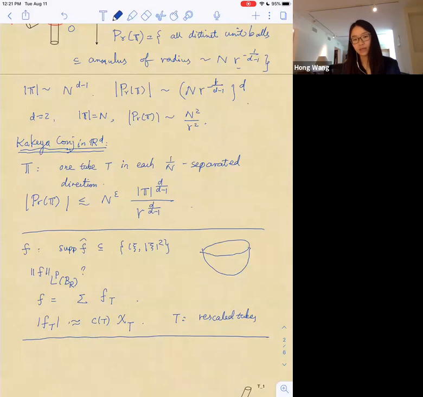Today, we are not going to talk about any estimates regarding the Kakeya conjecture. We just want to state this conjecture and its conjectured bound as a comparison to the estimate that we are going to discuss later.